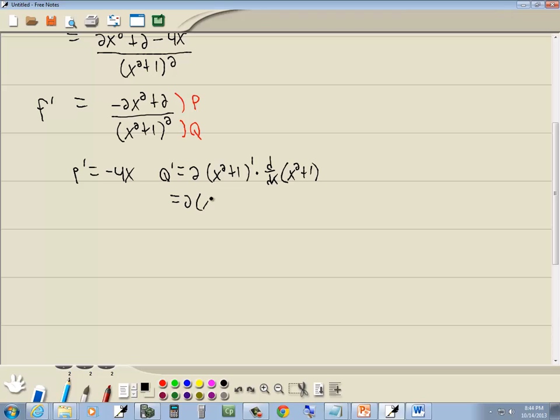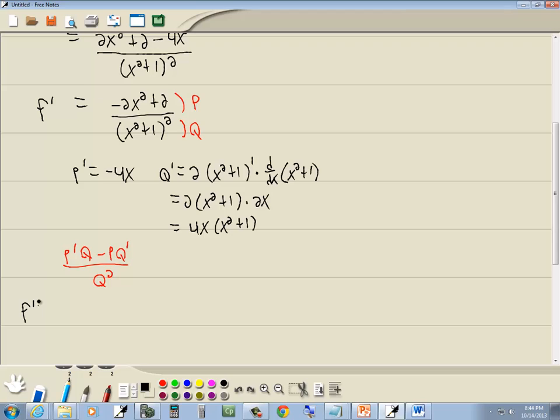So we got 2 times x squared plus 1 times the derivative of x squared plus 1, which is 2x. 2 times 2 gives us 4x times x squared plus 1. So our formula is p prime q minus p q prime all over q squared.